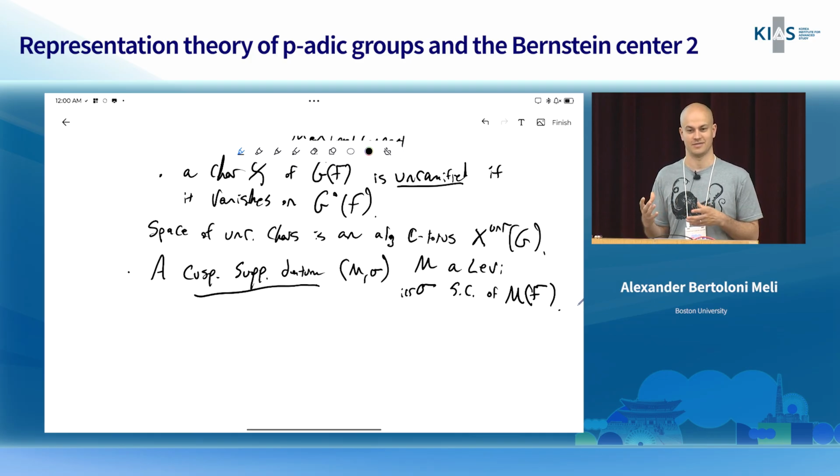So you could imagine attaching to each irreducible representation pi of G of F some such cuspidal support datum.